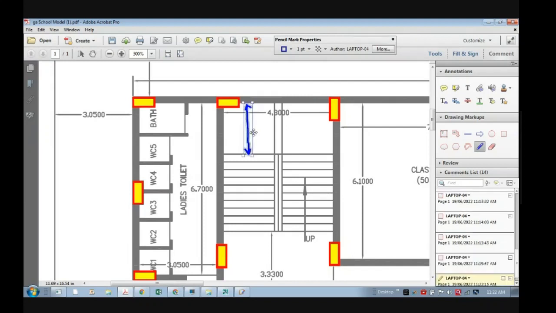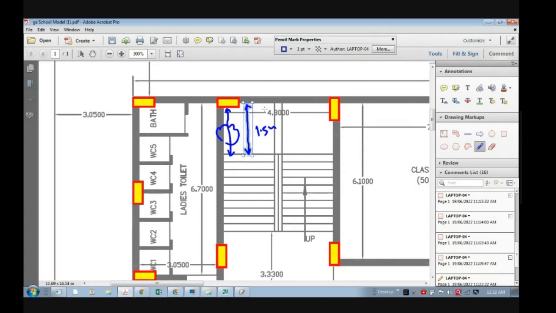If it is a commercial building, generally it is 1.5 meters. If this column corner reduces it, it will be less than 1.5. Many times the municipal corporation gives objection on this kind of offset. So generally, we should not have any offset within the staircase area.